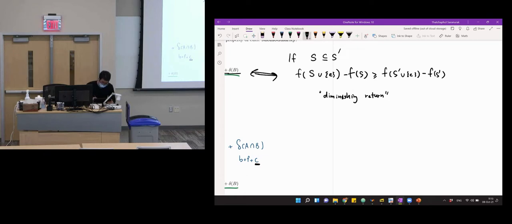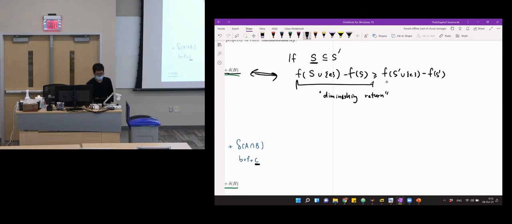So it's like if you have some small set S and you add some new element into it, then the increase in the value of the function is here, right?